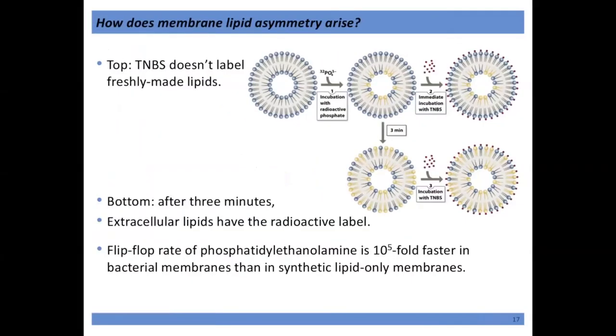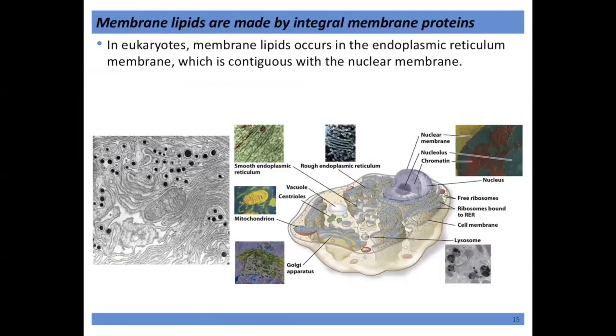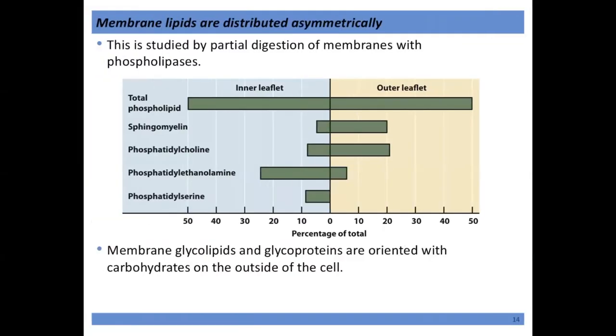So let me go back to that table, and you can see phosphatidylserine isn't typically found in the outer leaflet. If you start to see it there, that is a signal to remove that red blood cell, or it is involved in clotting.